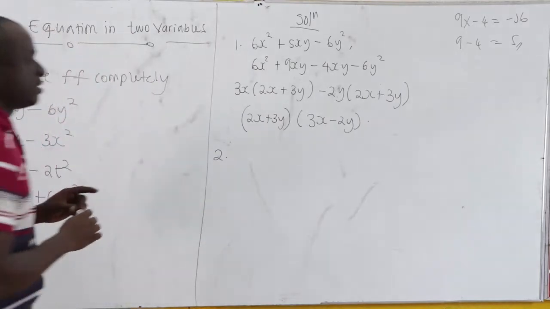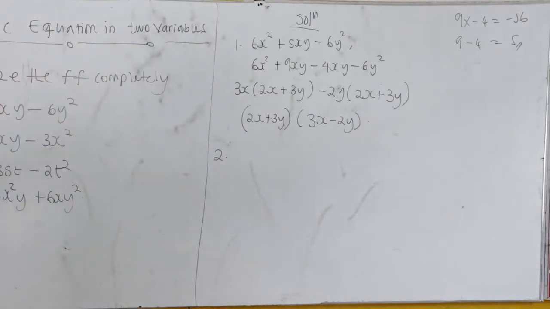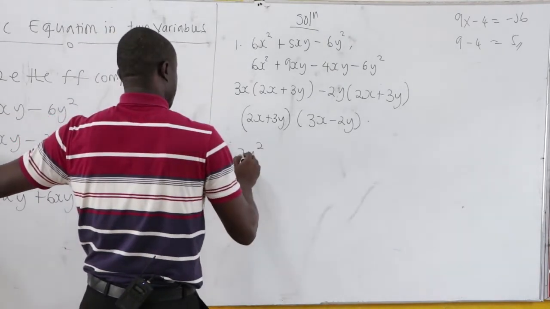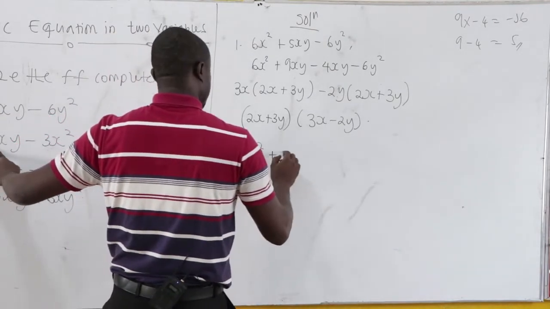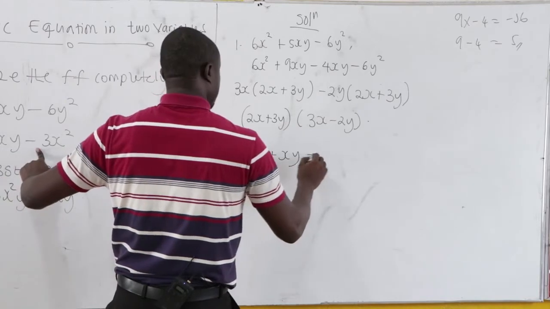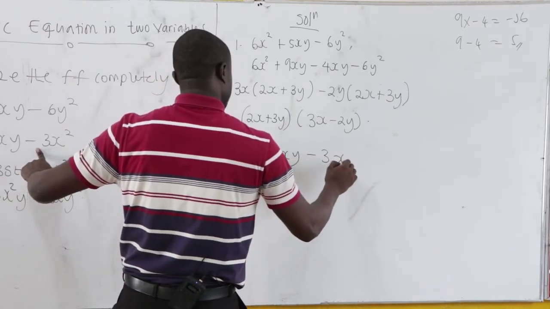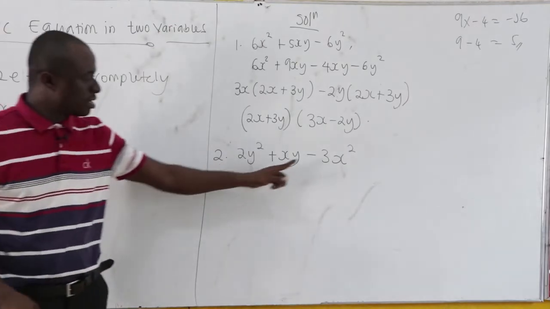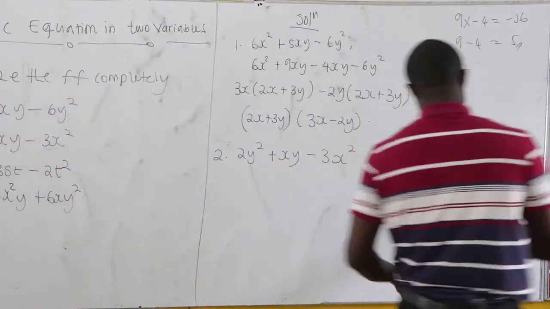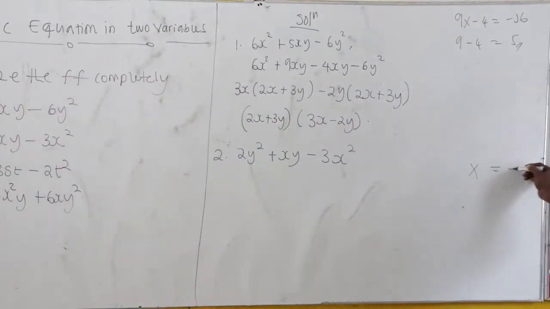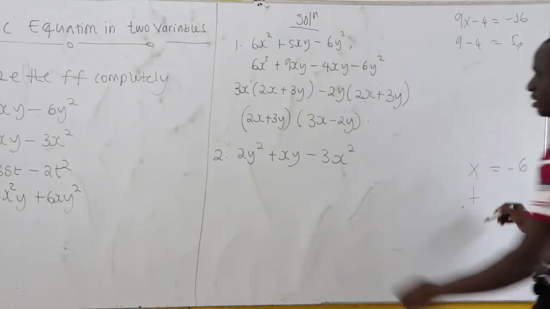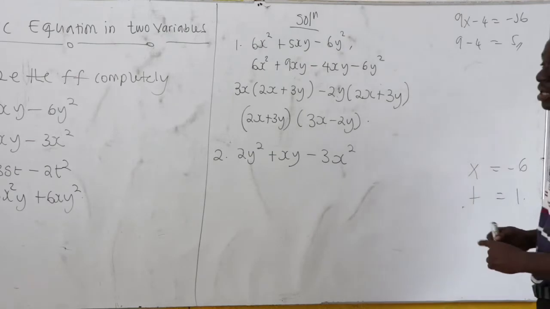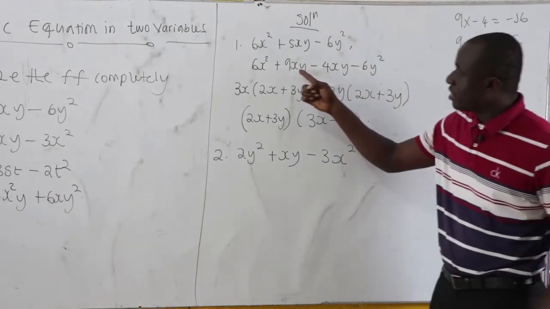Now let's see the second one. We have 2y squared plus xy minus 3x squared. Now 2 times negative 3 is negative 6. So two numbers, when you multiply, you get negative 6, but when you add, we get the middle one. Because it is in two variables, that is why we have xy.